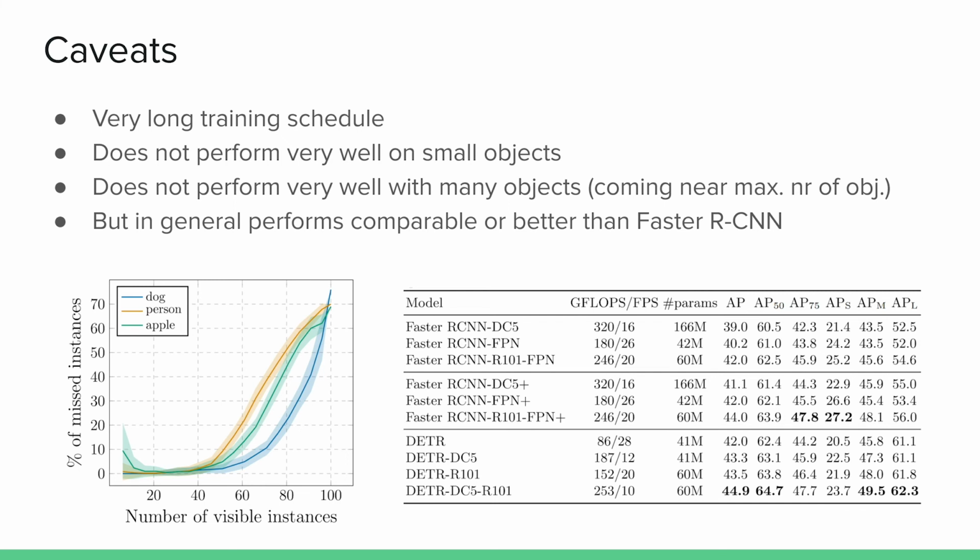Unfortunately, there are some caveats, so it's not perfect for all sorts of tasks with object detection. Basically, you have very long training schedules. I think it's 6 days on 8 GPUs that they trained their model on. It does not perform very well on small objects, and it doesn't perform very well if you have a lot of objects.